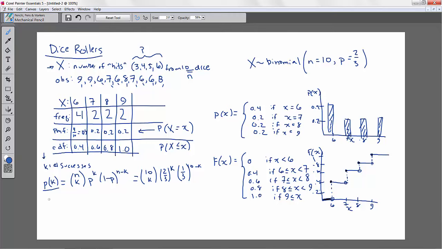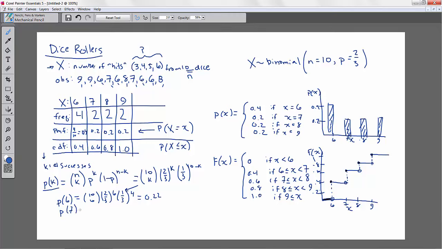Now there's a couple of cases that we can investigate right off the bat. We could evaluate, for example, the probability of getting 6 successes or 6 hits out of the 10 rolls. Just using this equation, this is 10 choose 6 times 2/3 to the 6th power times 1/3 to the 4th power. Using a calculator, we get a value of about 0.22.